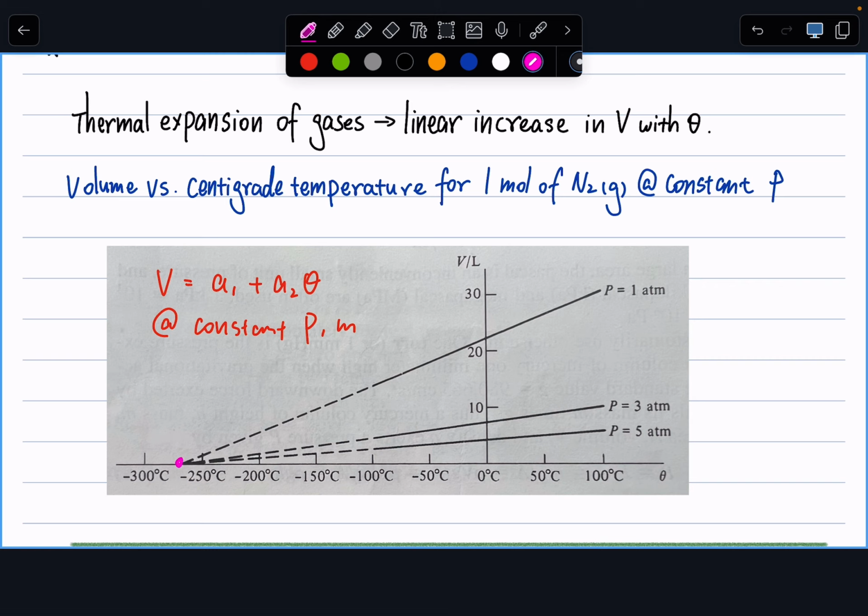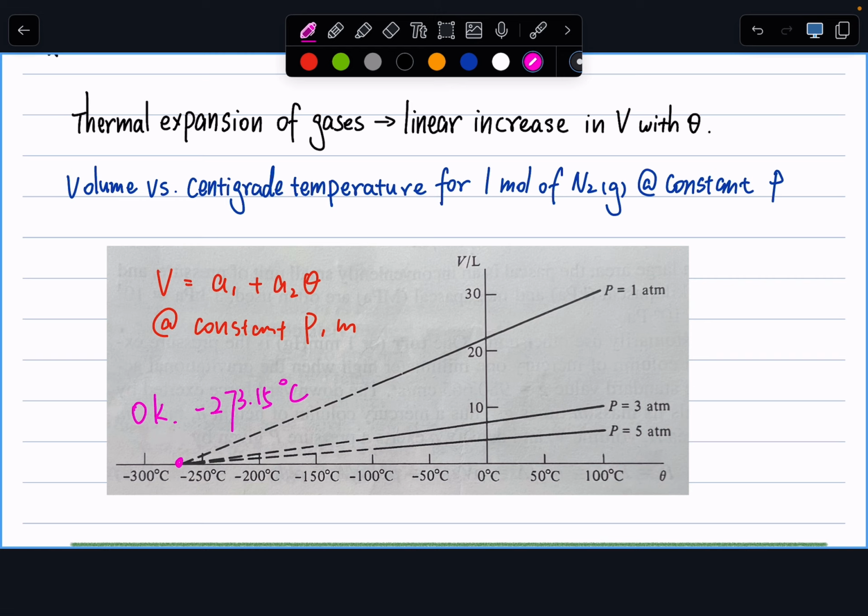Later on, that's our absolute zero, which is 0 K, and we will talk about it later on. Or this one is about negative 273.15 degrees Celsius.